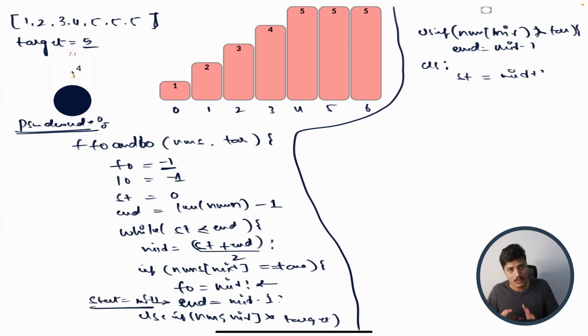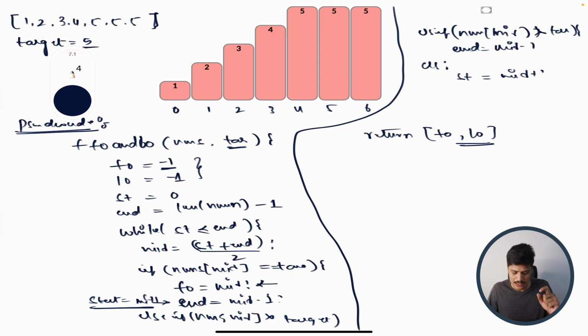That is the only change that we have to do to get the last occurrence index as well. In the end, we will return the values we have inside the first occurrence and last occurrence. If the target is not found, anyway we are defining it with minus 1 and minus 1, so we will be returning minus 1 and minus 1, which is perfectly fine.